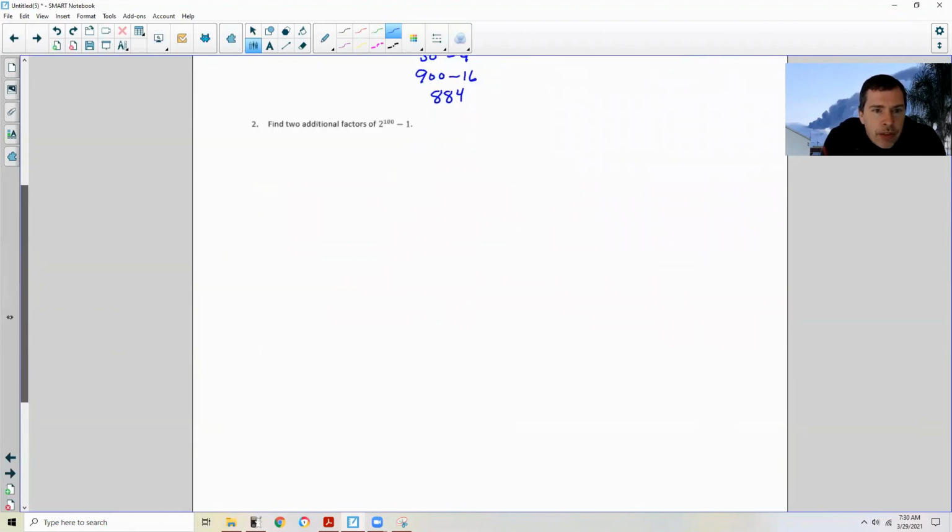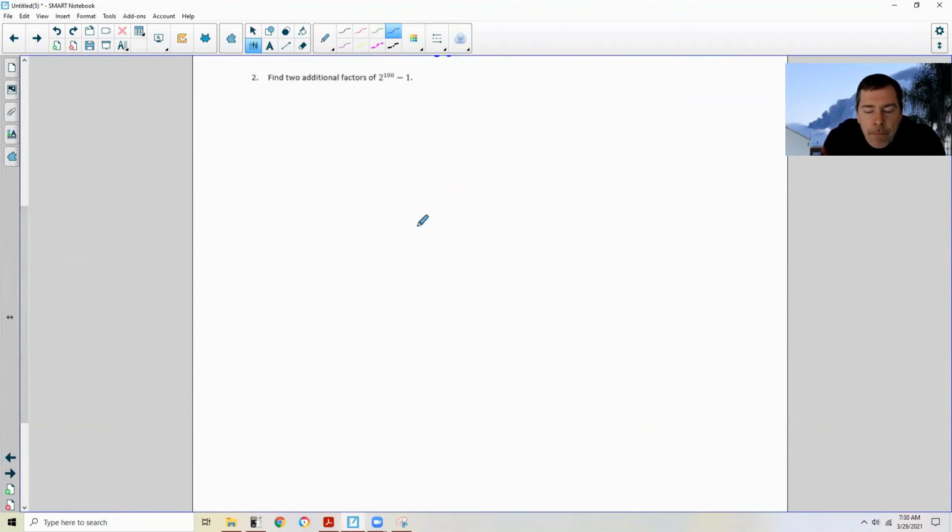Okay, so now it says find 2 additional factors of 2 to the 100 minus 1. There's a whole bunch of detailed information in the teacher edition that talks about factor trees and how to get different values for n. But I'm just going to approach it a simpler way.